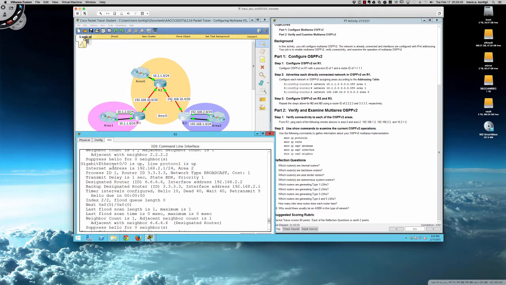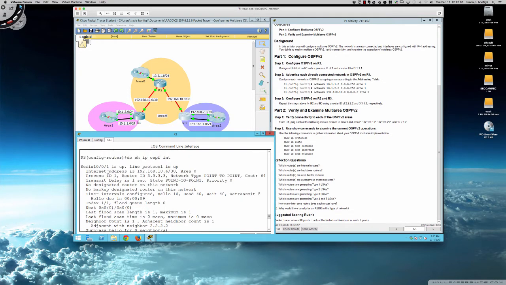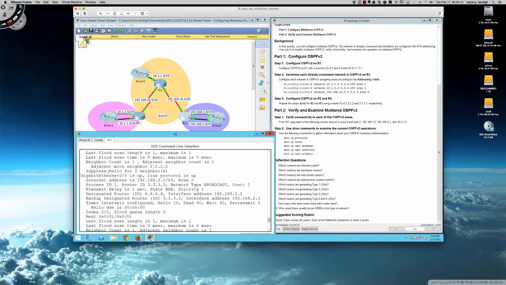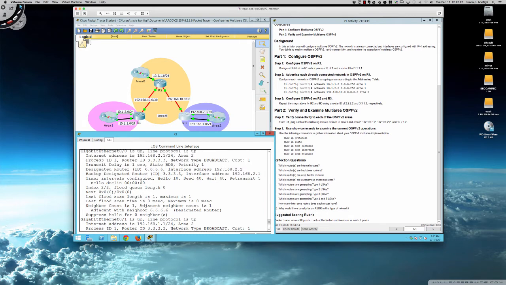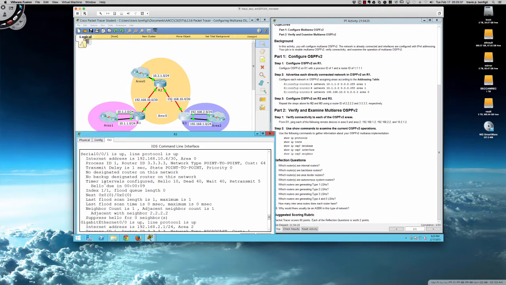So it should tell us in this output, and I might be scrolling right by it, it should say that this router is an area border router. Let's see, maybe it's the wrong interface. So we see the backup designated router, BDR, but that's not what I'm looking for, and I'm not sure if I'm looking right by it or not on the serial interface here. Yeah, I don't see what I'm looking for.